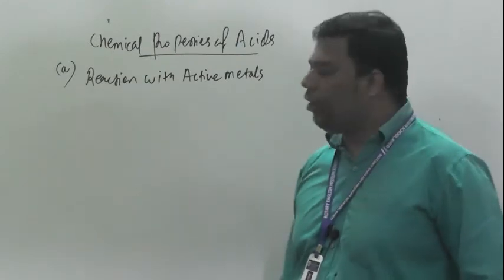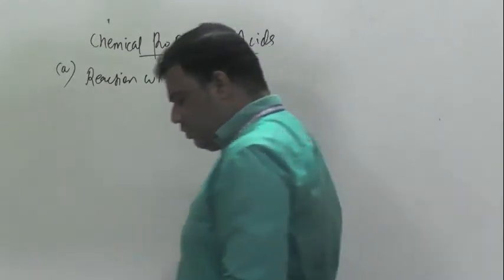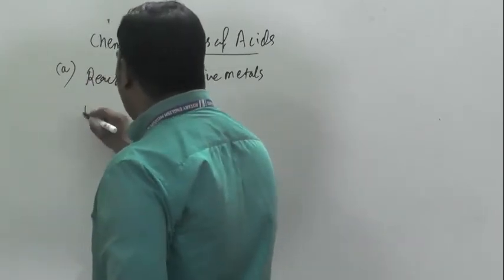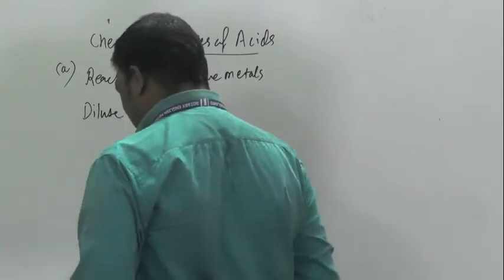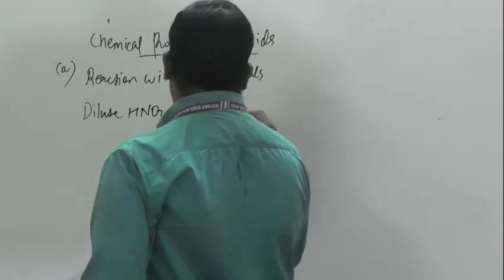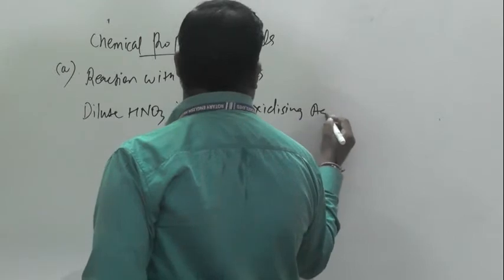But beta, here is one of the interesting terms. Dilute HNO3 is a strong oxidizing agent.